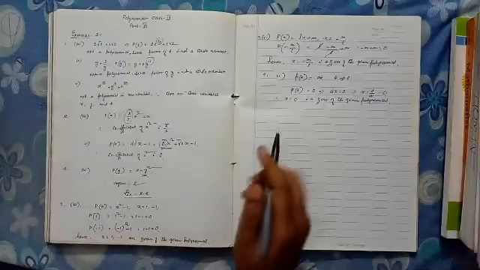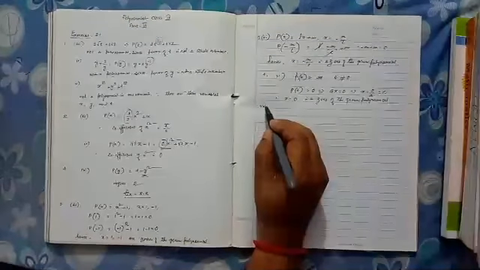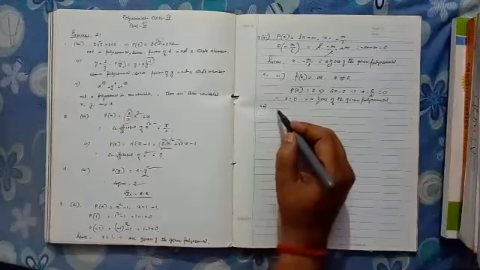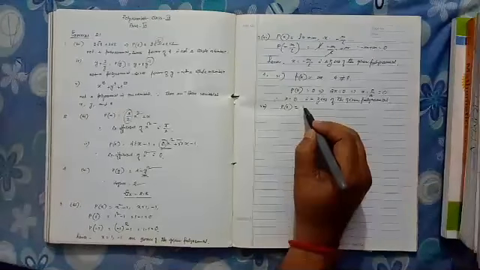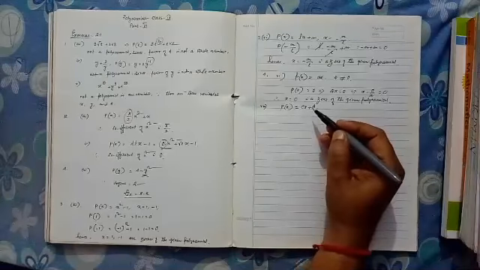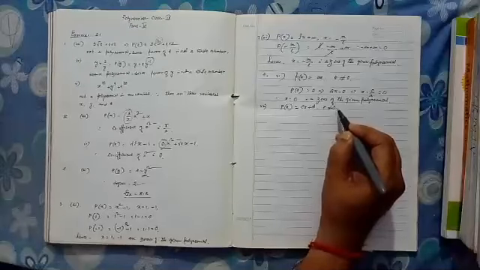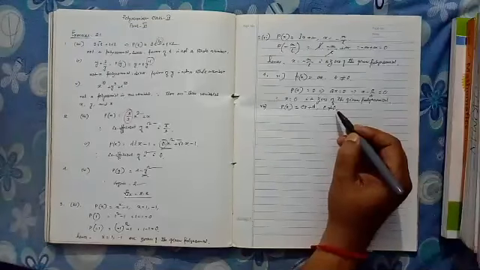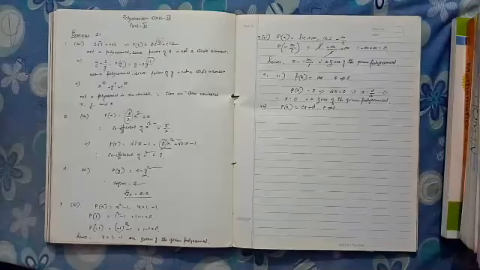Next, sum number 7 of 4. Sum number 7. P of x is equal to cx plus d, where c not equal to 0, c and d are real numbers. Again same, you need to put the value of x for which the polynomial will become 0.